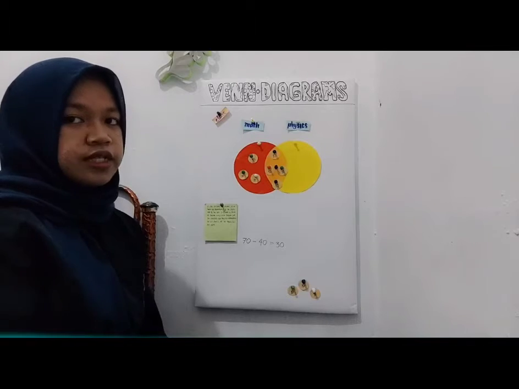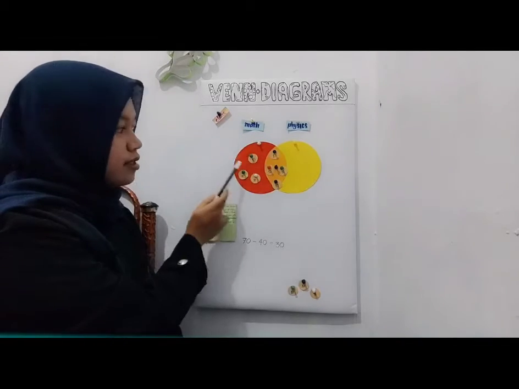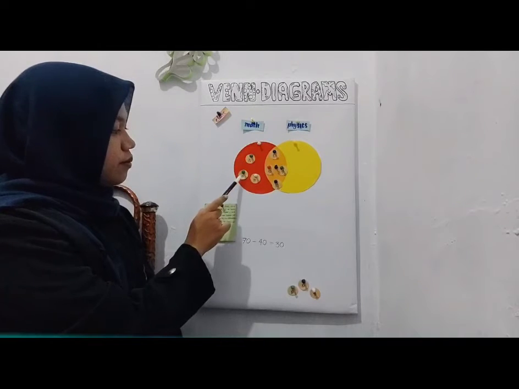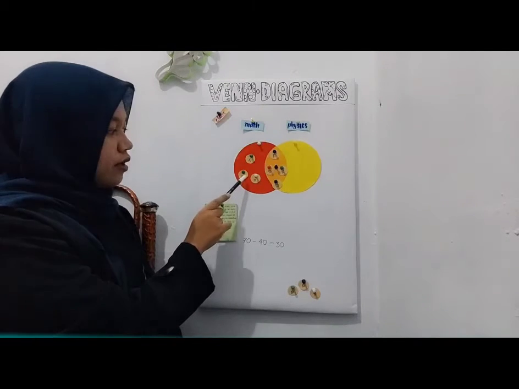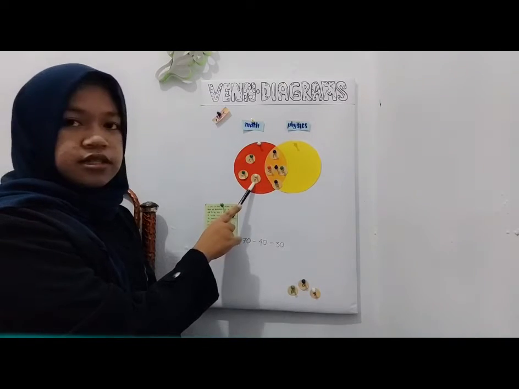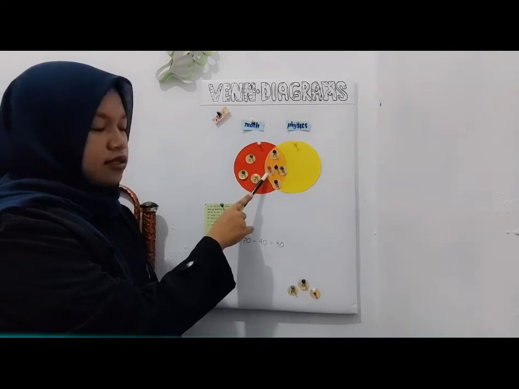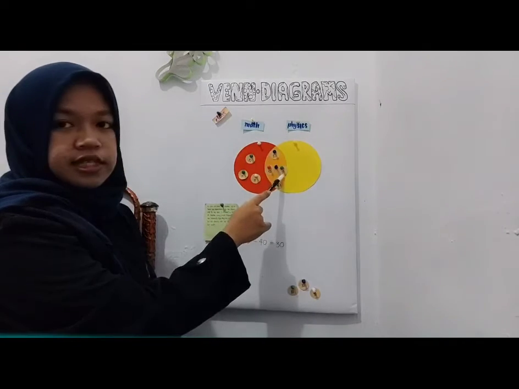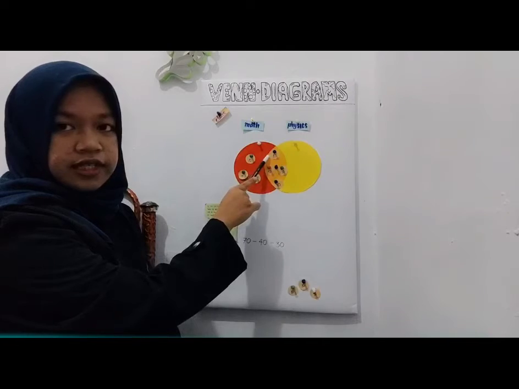The total students who like mathematics is 10 plus 10, 20, plus 10 is 30, plus 10 is 40, 50, 60, and 70.